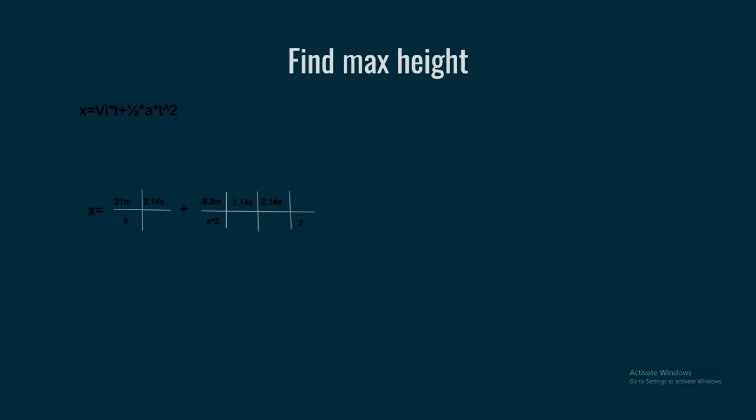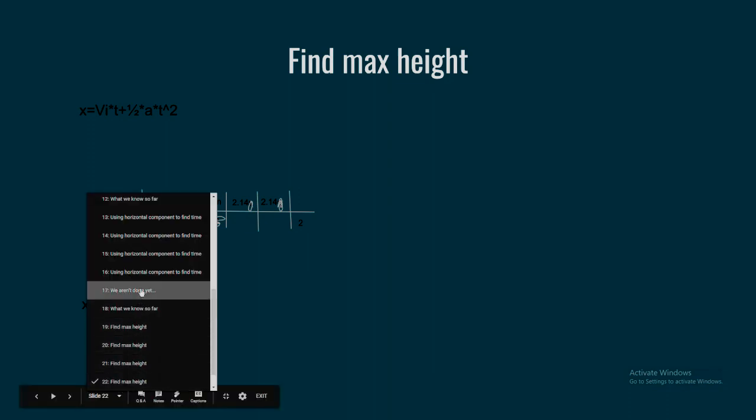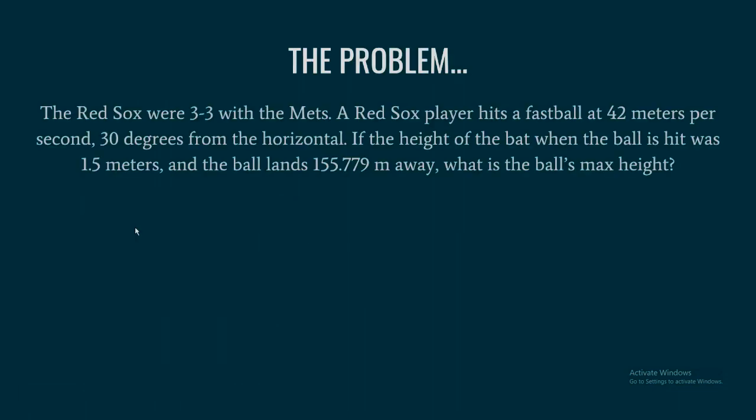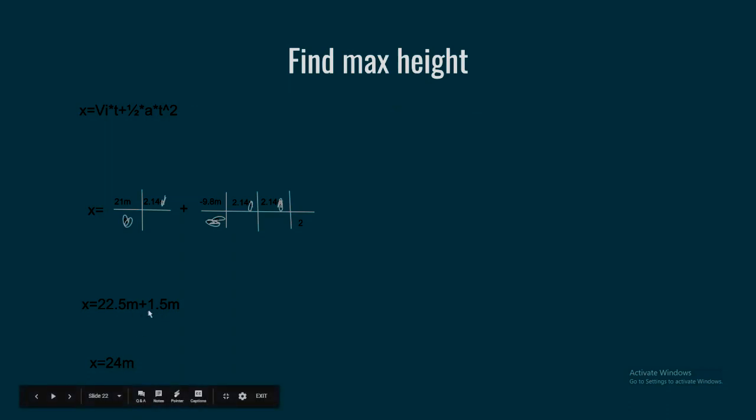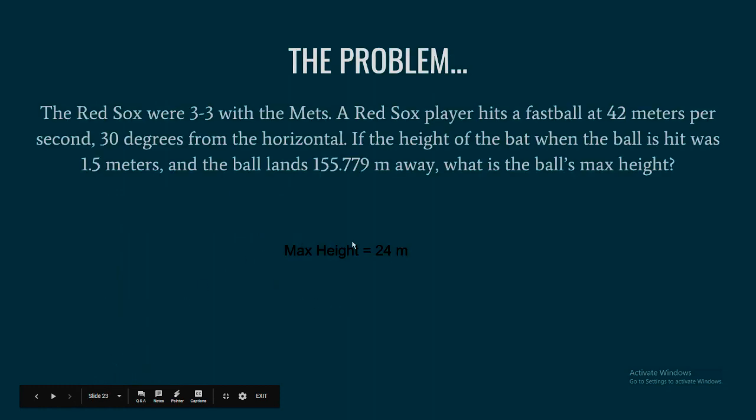So we do a bit of unit analysis, and one thing to also note is that going back to the actual problem, it said the height of the bat when the ball is hit is 1.5 meters. Well, we just add this to what we got for this. And this is our max height. That's it.